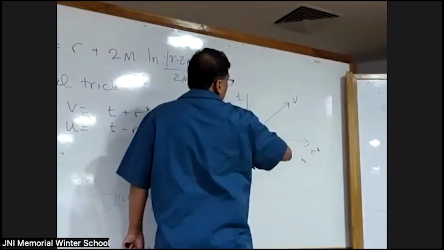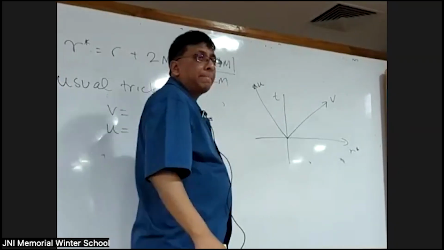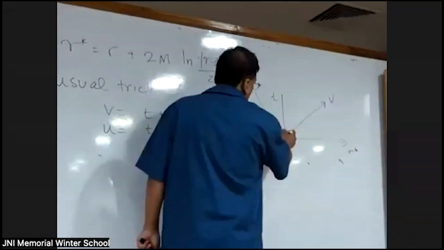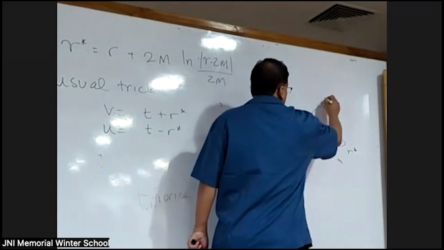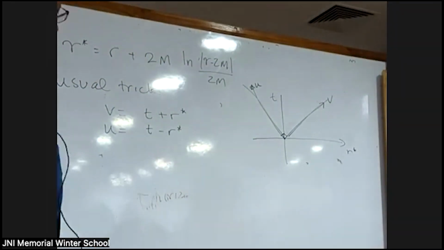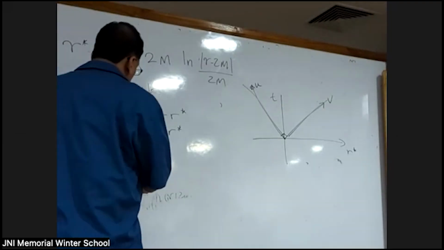This is increasing u, this is increasing v. So a light cone looks like this.